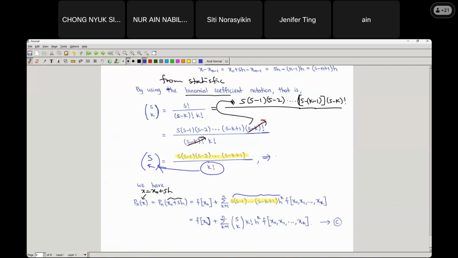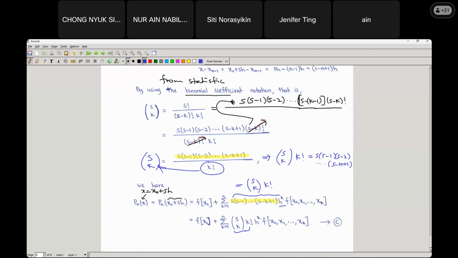So that means I have (s choose k) times k factorial will be equal to s times (s minus 1) times (s minus 2) dot dot dot up to (s minus k plus 1). Substitute into here. So this is equal to (s choose k) times k factorial. Okay, so this is how we get these two terms.